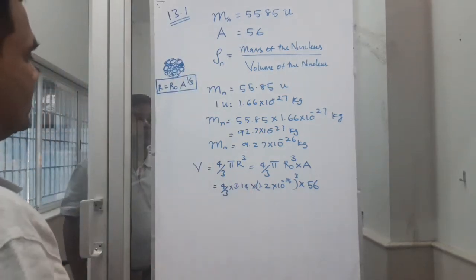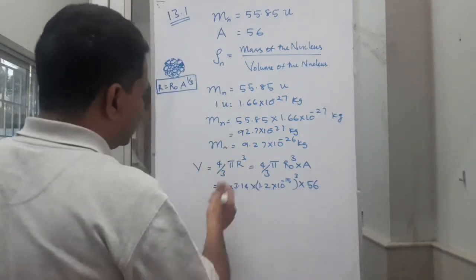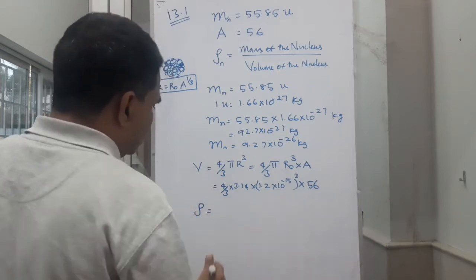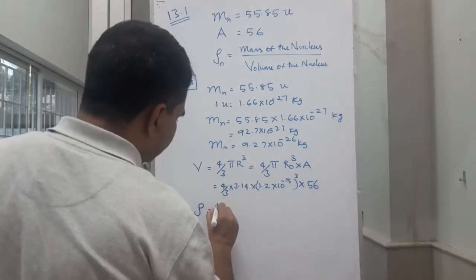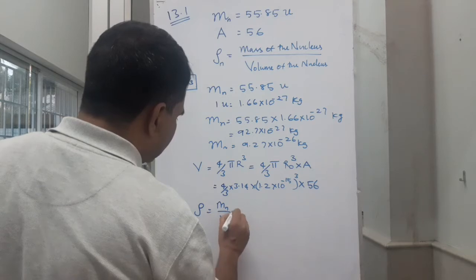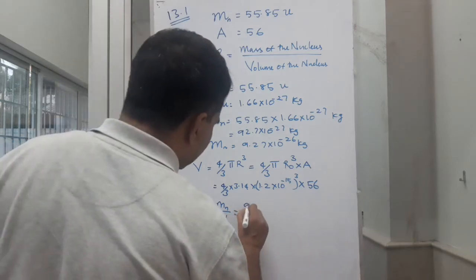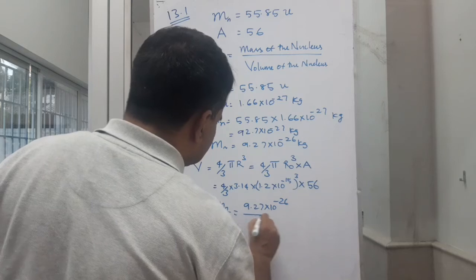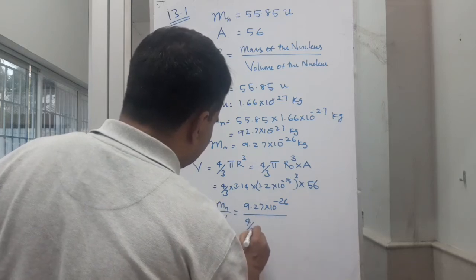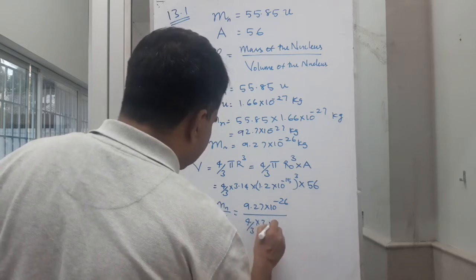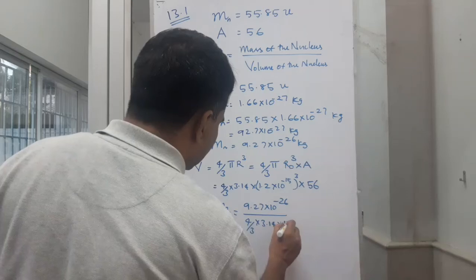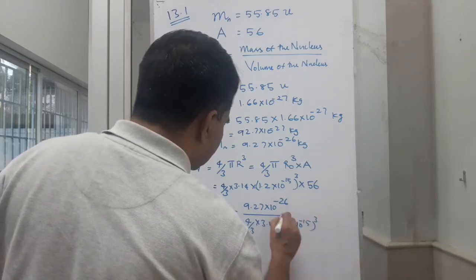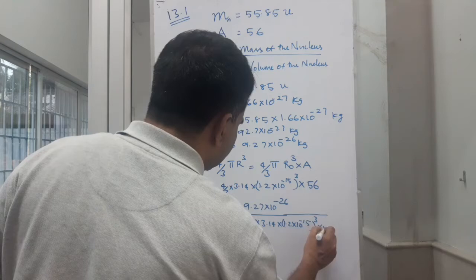So we get this, and then if you find rho, it's going to be this, M by V, and that's going to give you 9.27 into 10 to the power minus 26 divided by 4 by 3 into 3.14 into 1.2 into 10 to the power minus 15 the whole cube into 56.